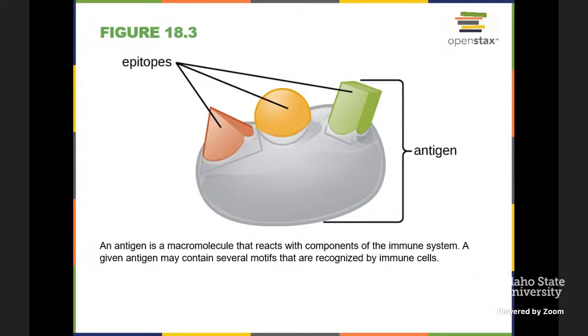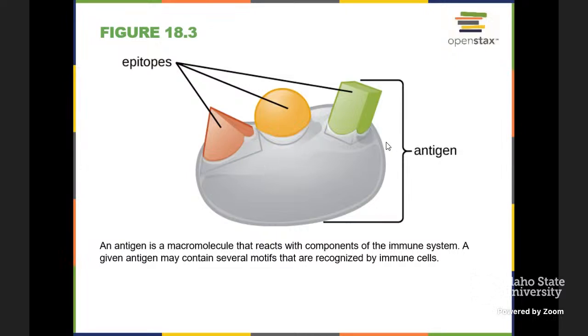So when we think about recognizing whatever it is that's foreign, we've talked about all sorts of different molecules on the surfaces of cells that we utilize to detect things, to communicate with these respective receptors. And when it comes to a pathogen or an allergen, whatever it could be, we think of these things that are capable of being recognized as antigens.